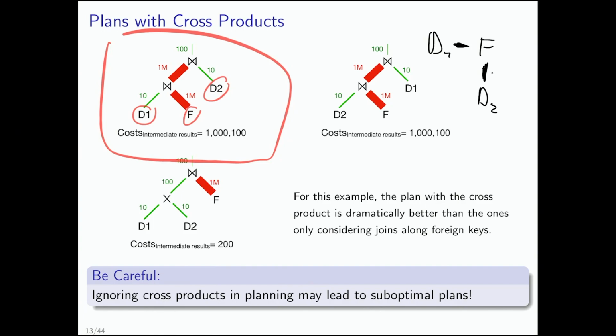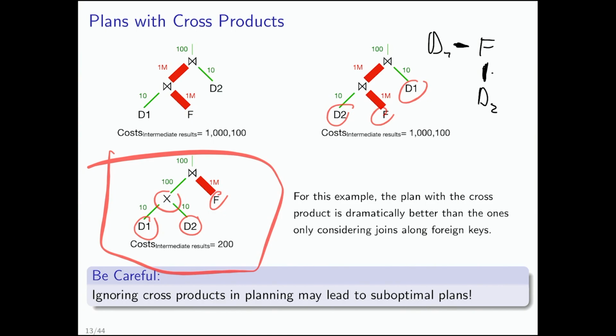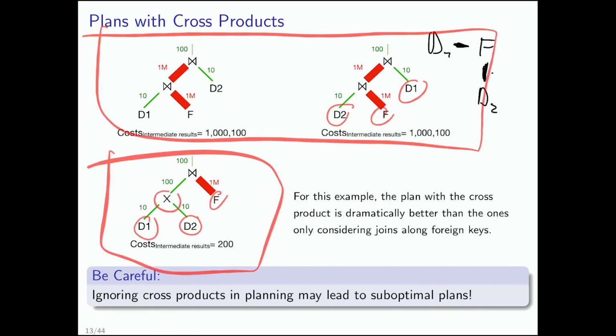That's the only other option you have in the left deep plan, where you first join D2 with F, and then the result is joined with D1. And then there's this other plan where D1 and D2 are combined in a cross product, and the resulting plan is joined with F. Yeah? So if you only look at cases where there's a join predicate defined, you will be missing this plan here underneath.